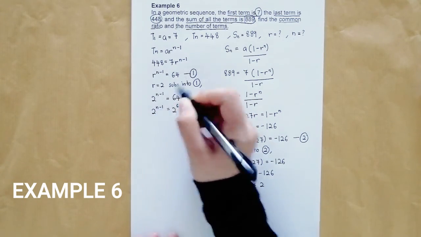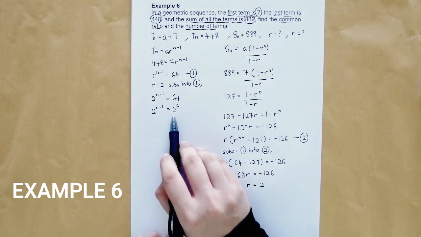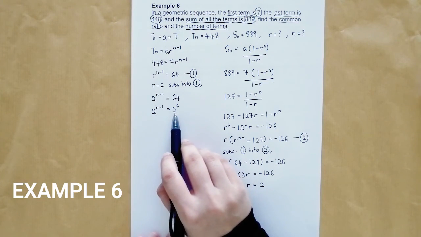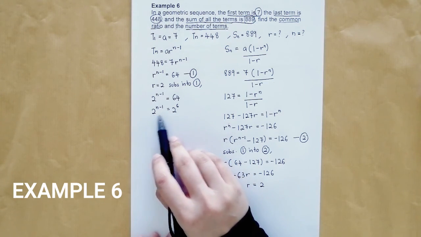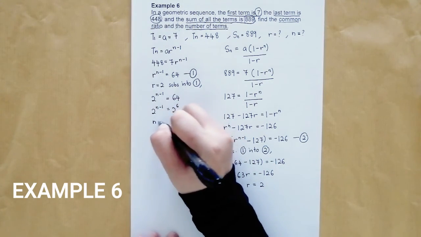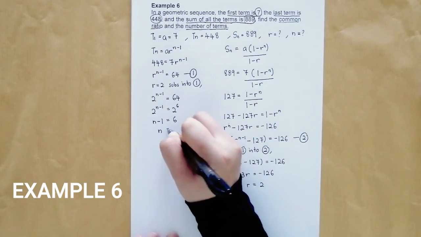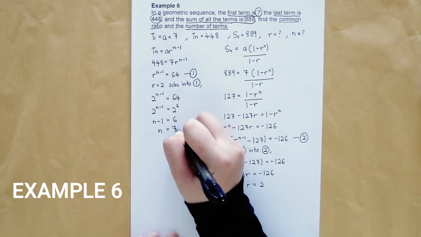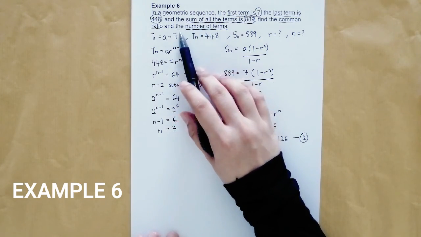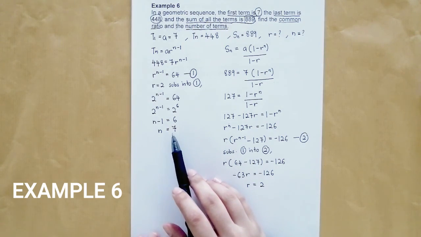So we have 2 to the power of n minus 1 equal to 2 to the power of 6. Since we have the same base, we can cancel the base. So we have n minus 1 equal to 6, and n equal to 7. So the number of terms, or n, is 7.